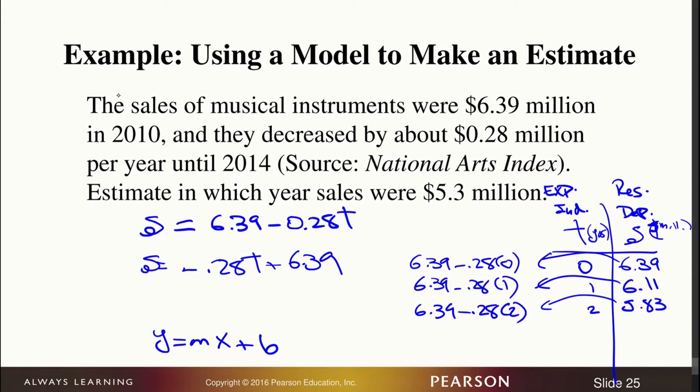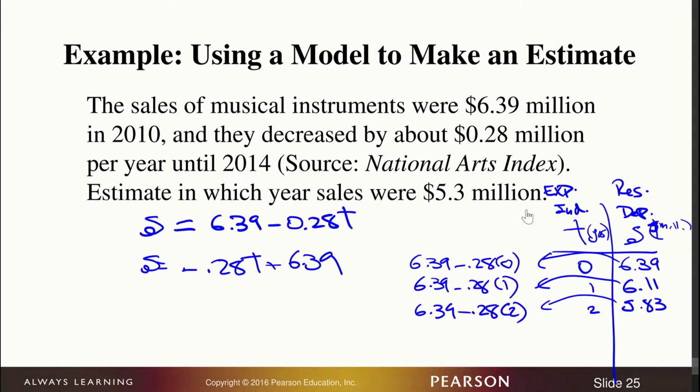Like so. Okay, so let's look at what we're trying to find, the year in which, right? So we're looking for a t-value. We basically want to know when this side, in other words, the response variable, has a value of 5.3.